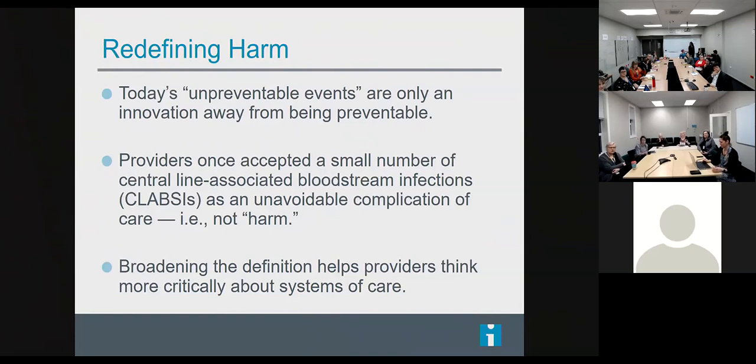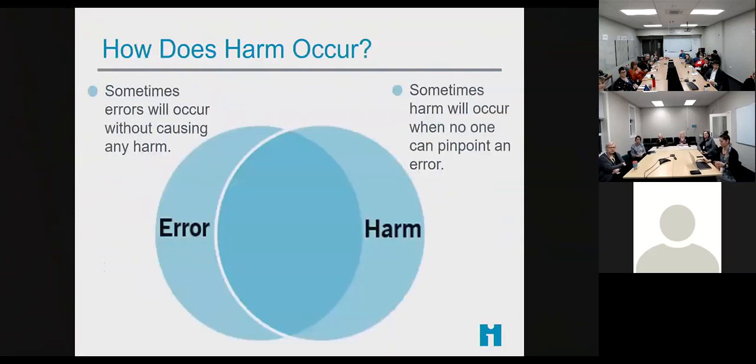As we know, health changes on a regular basis, and we need to change with it. So through our reflections and our investigations about errors that occur, we constantly adjust the definition of harm. We look at ways to avoid complications, so the definition will continue to broaden.